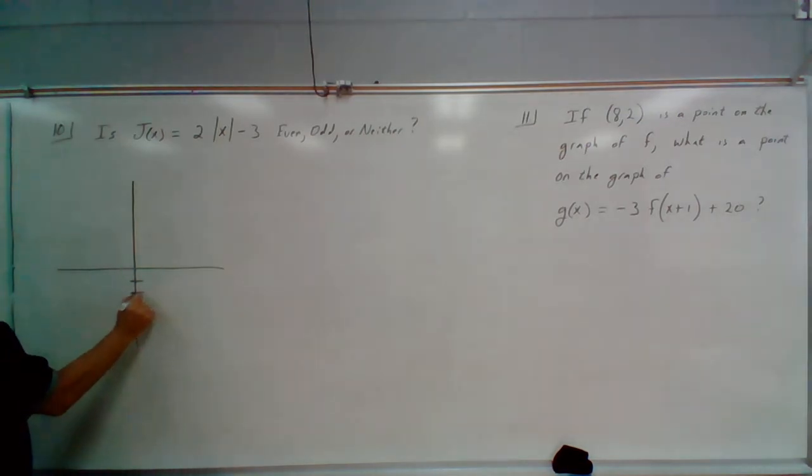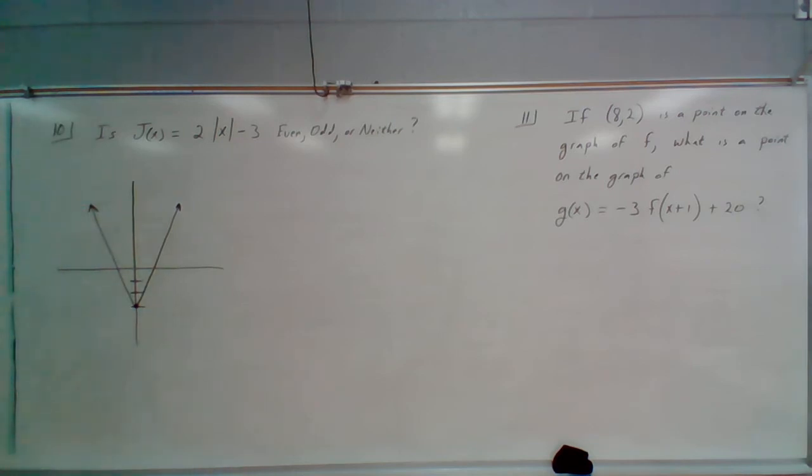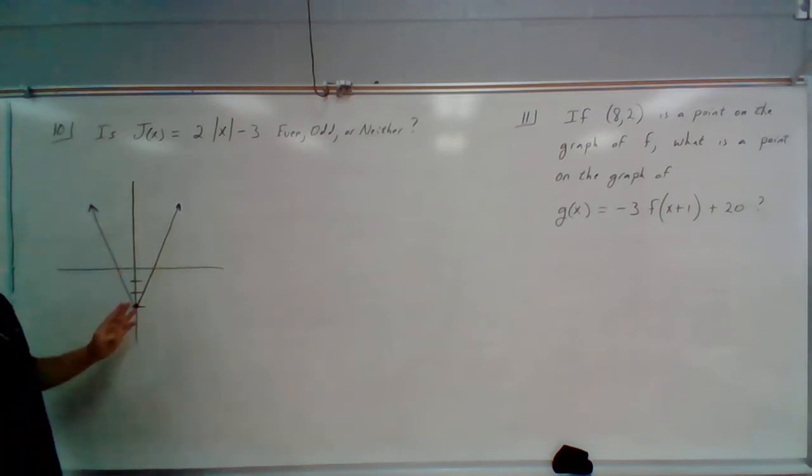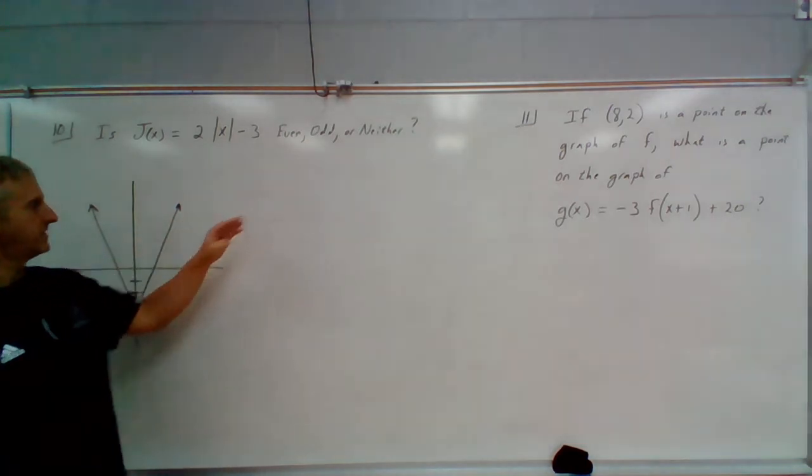So my function would just look like this. And you could plot some points and you would come up with that. All right. So is this even, odd, or neither?